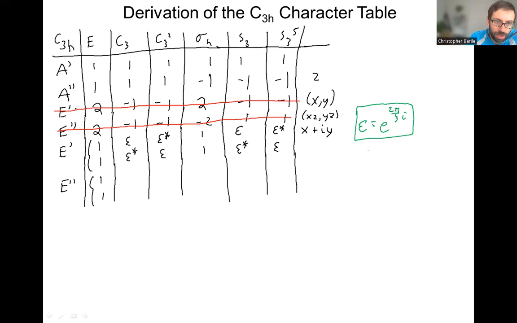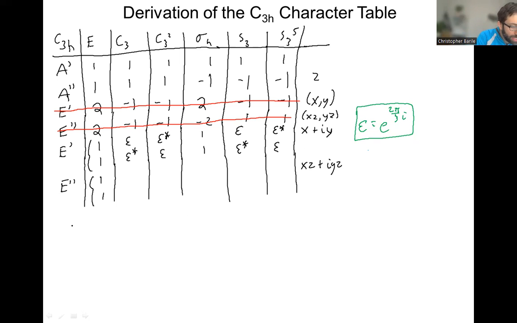Before, our aggregate function, E prime, transformed as x and y, and we used x plus iy. So the logical thing to do here is now not use x plus iy, but xz plus iyz, right? Very analogous to what we did up here with xy.